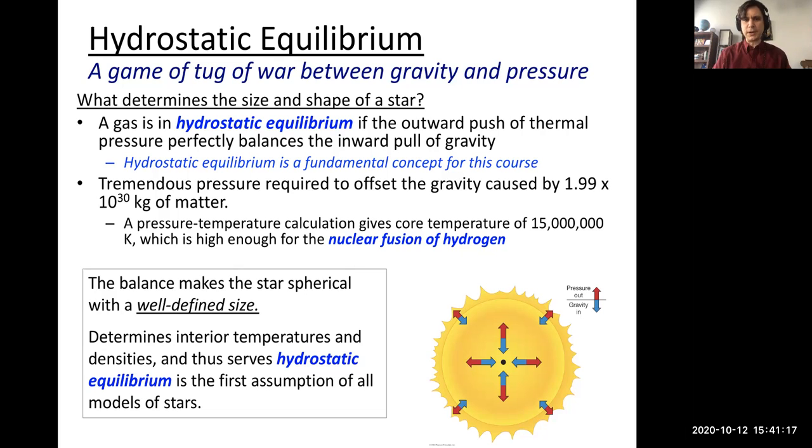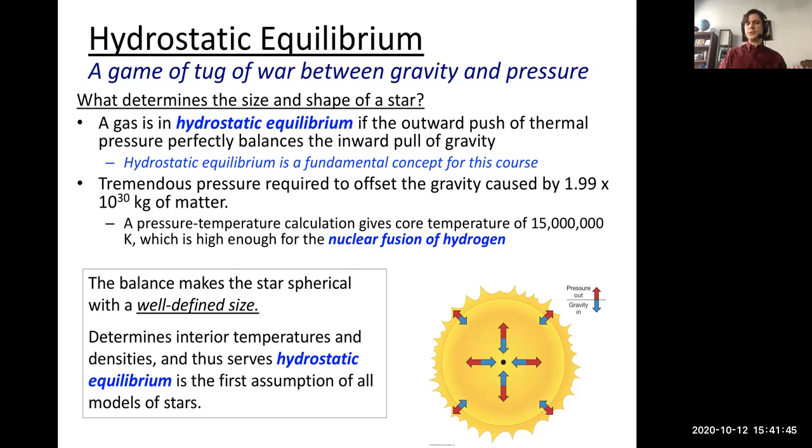Plus, there's a lot of pressure associated with the nuclear reactions in the core of the sun. So we have essentially gravity trying to pull the sun so it shrinks and gets smaller and smaller, and then we have thermal pressure that's trying to blow it up like a balloon. We have these two different forces at play: gravity pulling inward and pressure pushing outward.